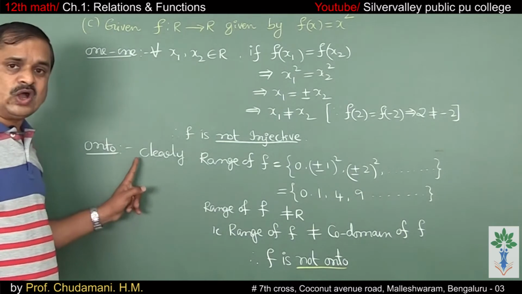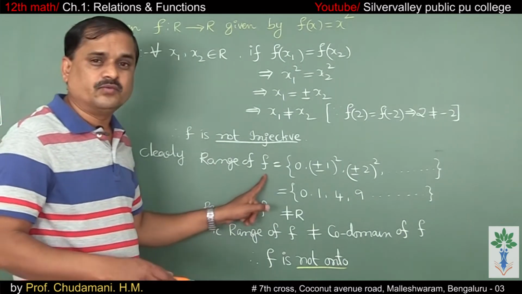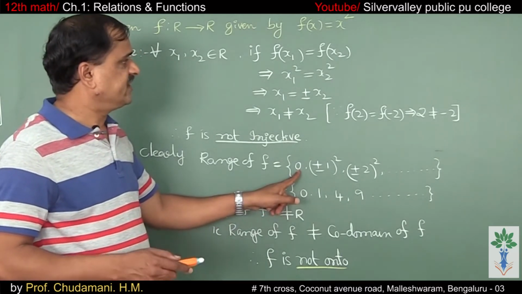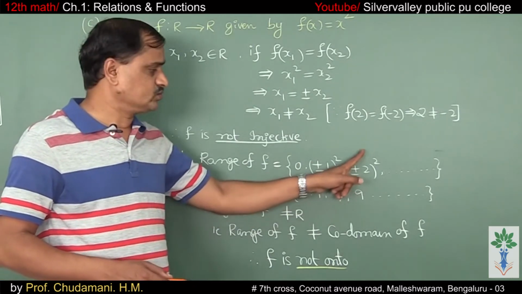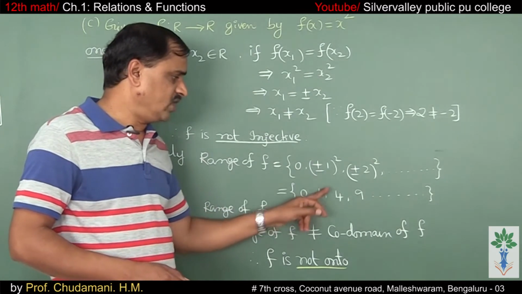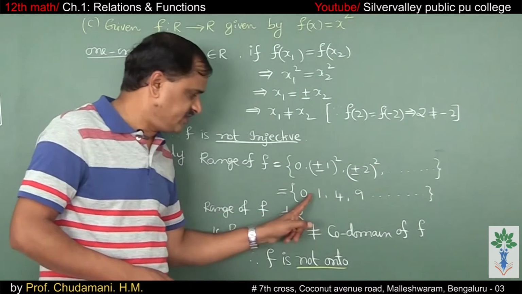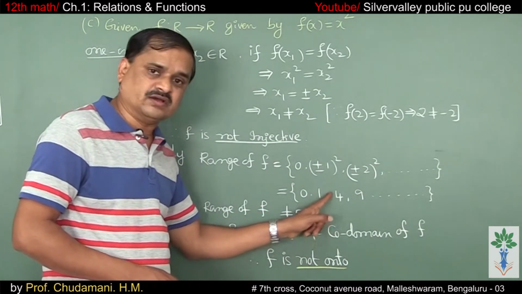Next, clearly the range of f, the y values: if I select x as 0, plus or minus 1, plus or minus 2 the whole square, and so on. See this, 0, 1, 4, plus or minus 3 square means 9. See, 1, 2, 3, 4 are missing here, right?